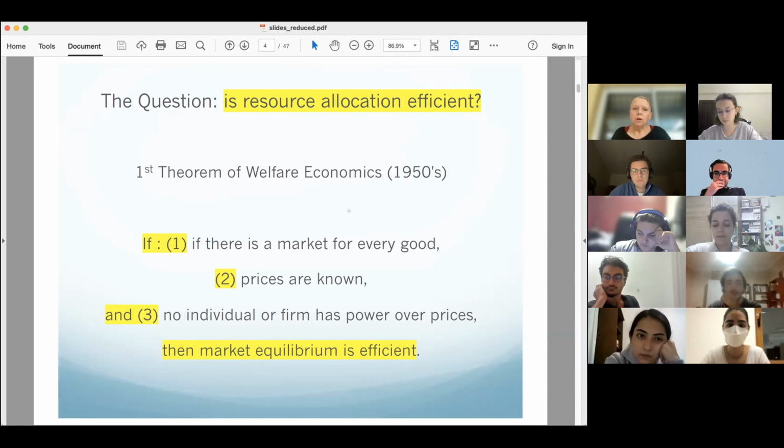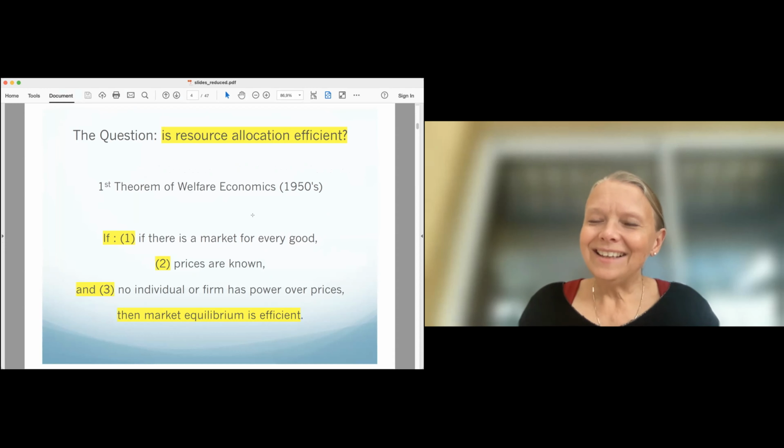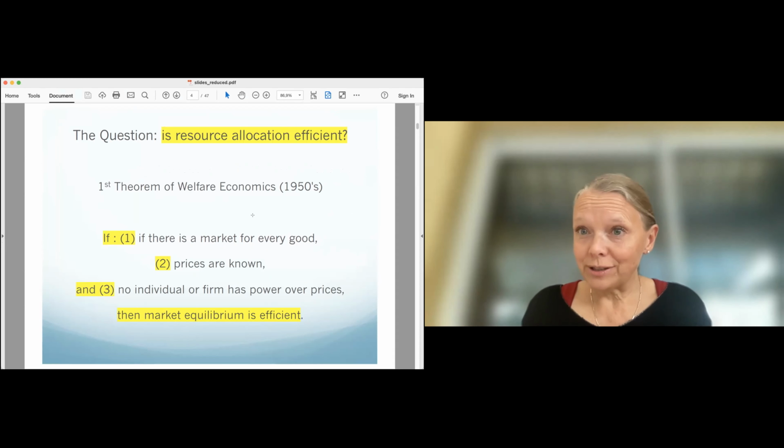Loosely speaking, if there is a market for every good, if prices are known, and if no individual or firm has power over prices at which goods are traded, then any market equilibrium is efficient.